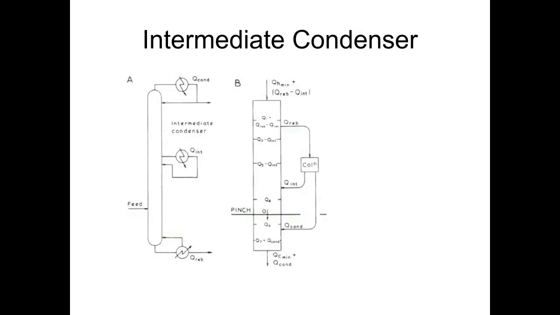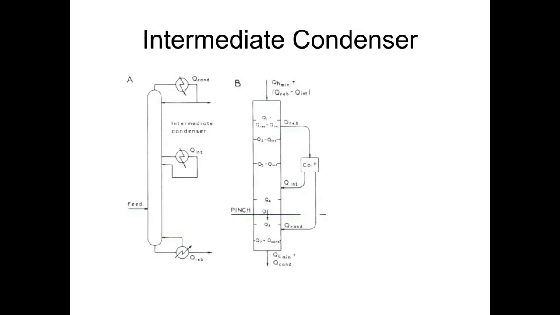So my requirement would be QH minimum plus Q reboiler minus Q intermediate condenser for the hot utility, and for the cold utility as well, what we have is QC minimum plus Q condenser, but this Q condenser will be the actual condenser duty minus Q intermediate. So we can save some amount of energy if we place a condenser intermediately.